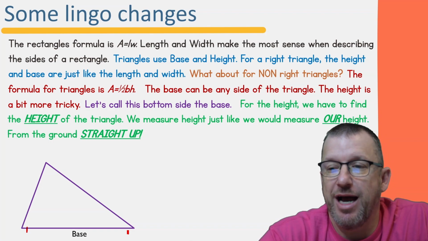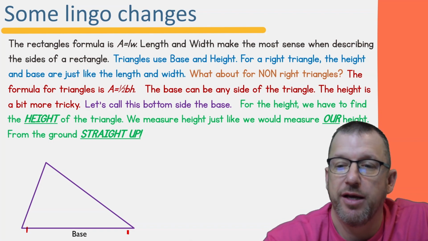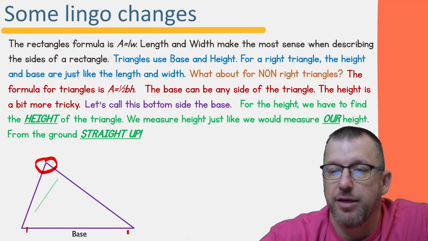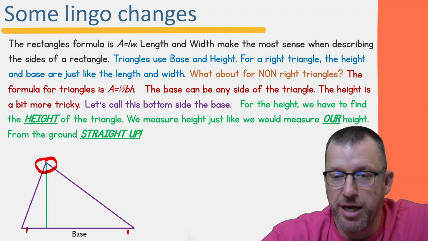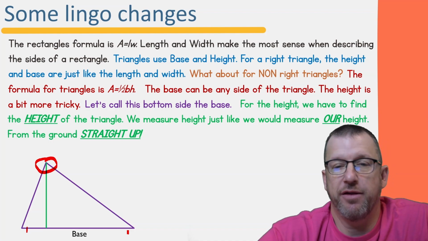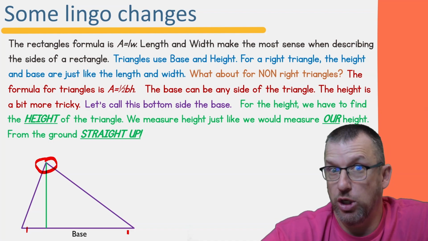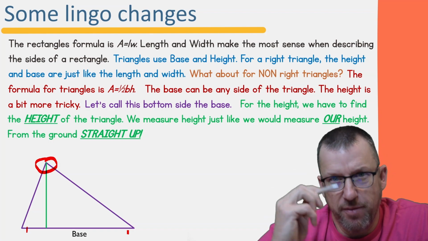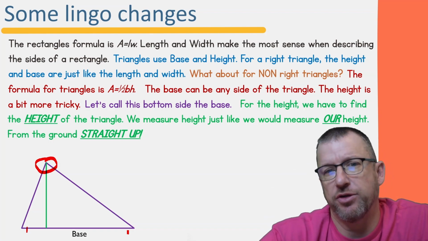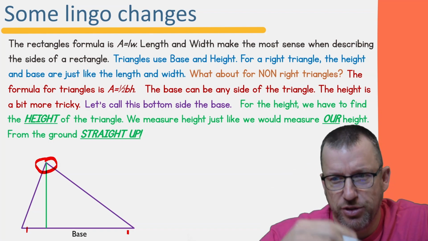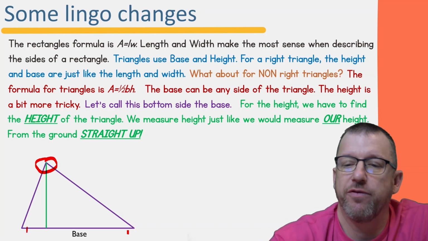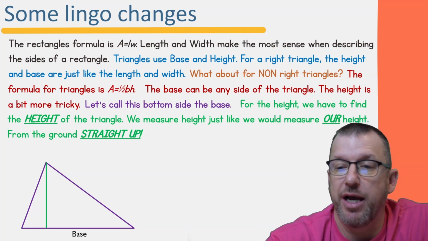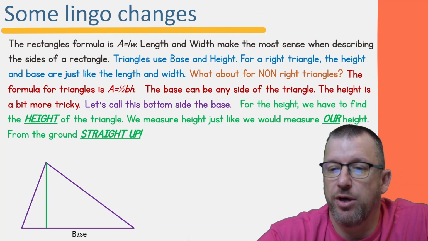And so to find the height, we always look for the angle on the opposite side of the base, which would be right there. Okay, and then we draw a line straight down from there, because that's how we'd measure height, right? If you were trying to figure out how tall Tal is, you wouldn't measure from the top of my head over to the corner of the room, would you? You would measure straight down. So that's how we label the height. We measure straight down. So not too hard, right?